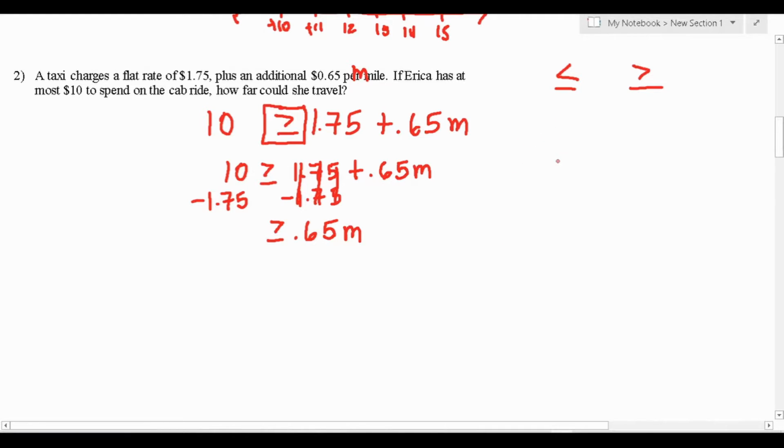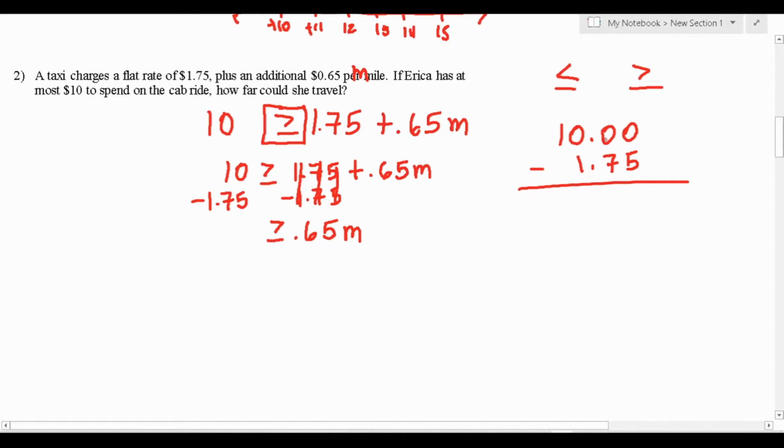In case you haven't done subtraction with decimals in a long time, this is how you do it. You write 10 in decimal form, which is 10.00, and we're going to subtract 1.75 from 10. In this case, we would start by saying 0 minus 5, which we can't do. That would prompt us to borrow from the next number over.